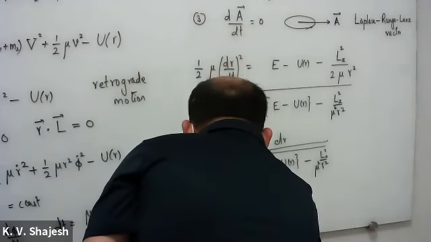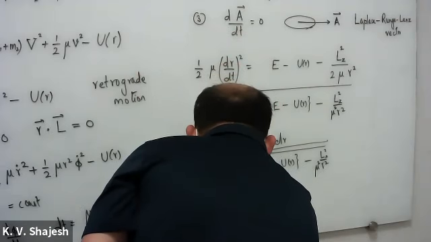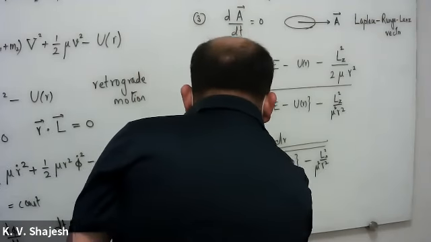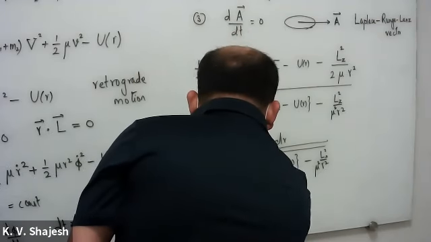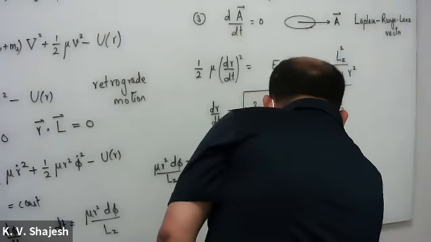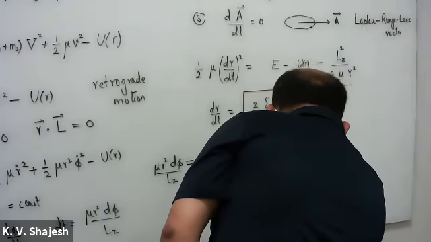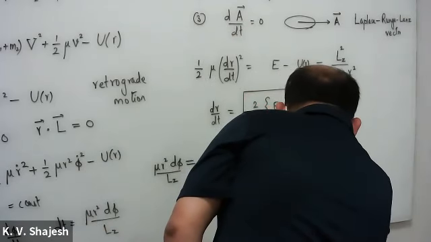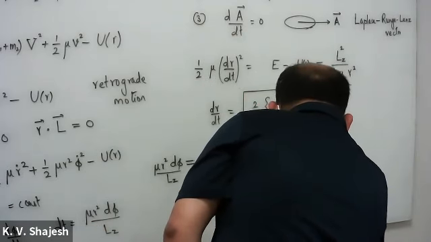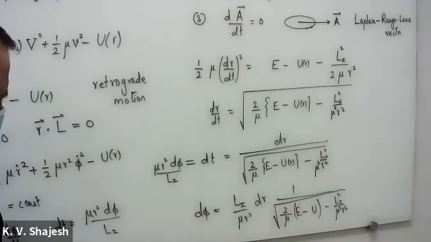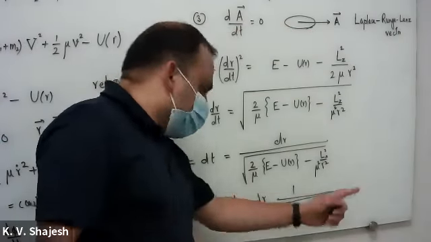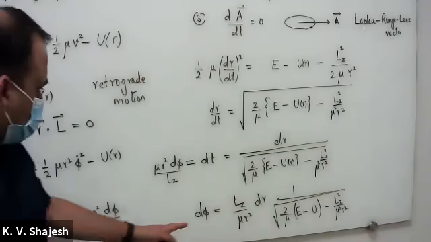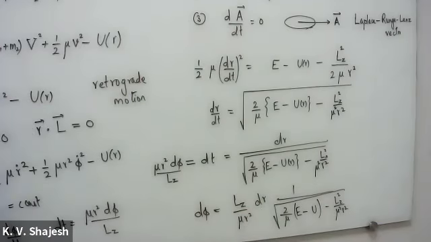So L_z over mu r squared d phi over dr, divided by the square root of 2 over mu times E minus U minus L_z squared over mu squared r squared. One more thing I'll do, I'll take the mu inside. I think probably we did that also last time.